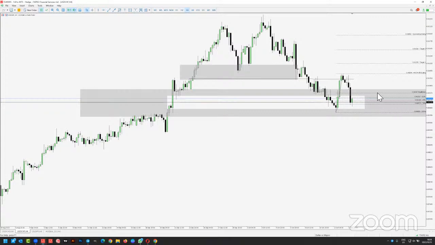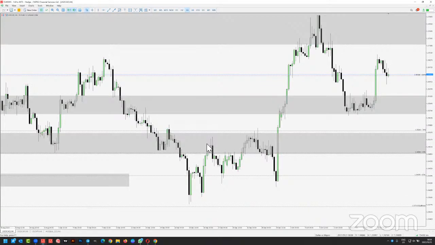Discount range coming in below equilibrium, 62% and optimum trade entry. Look what happened. Price here at optimum trade entry. Boom. We're looking for price to go to the upside. So USD/CHF right now, anywhere above 0.987. That's your target for longs on USD/CHF.